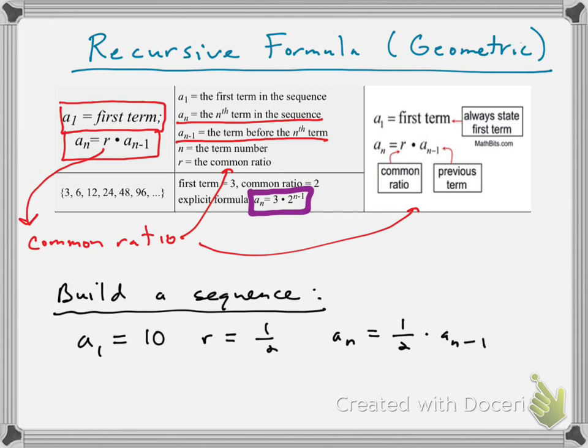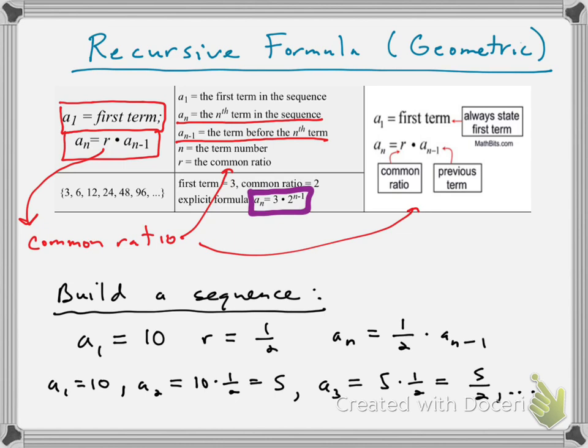To build my terms, I already know that a_1 is 10. Then a_2 is found by taking the previous element, 10, and multiplying it by 1/2, which gives me 5. And then a_3 is found by taking the previous element, 5, and multiplying it by 1/2, which is 5/2. And I could go on forever and find as many terms as I wanted to. But that's how we use the recursive formula, and that's the official algebraic definition of the recursive formula.